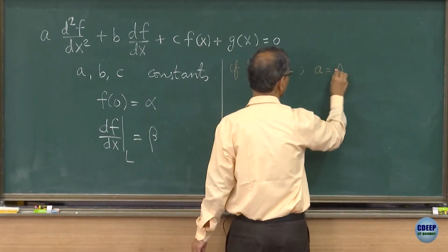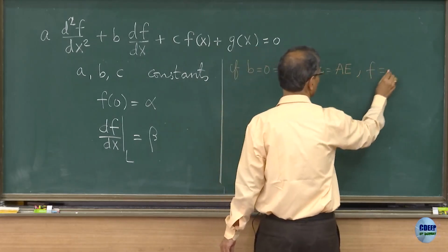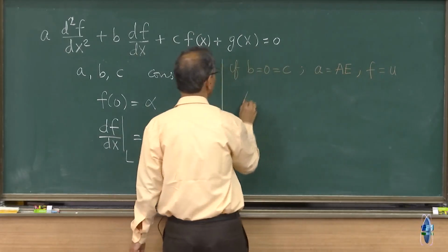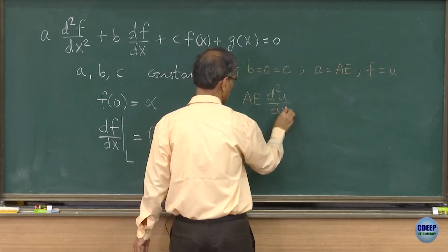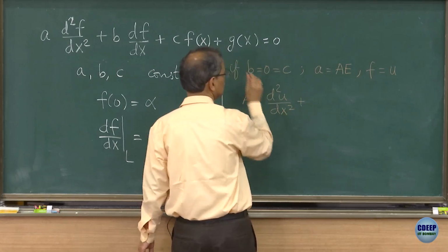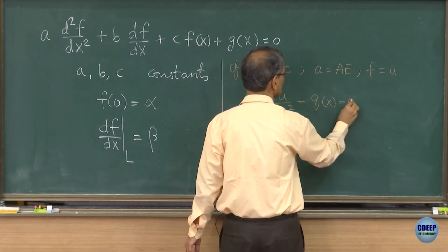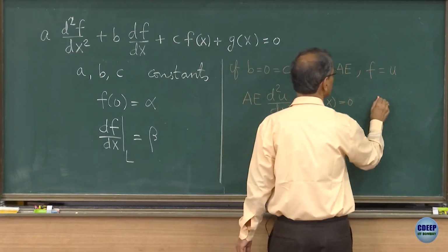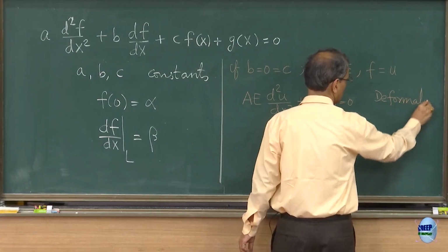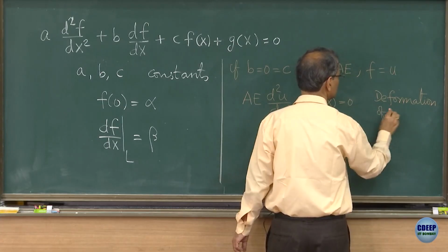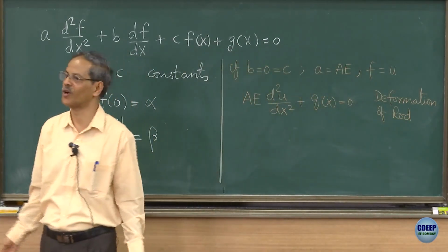A is say AE, F is say U, then AE d squared U by dx squared plus G, let it be represented by Q of x is 0. So this will be a deformation of a rod. Okay, this would be deformation of a rod problem.